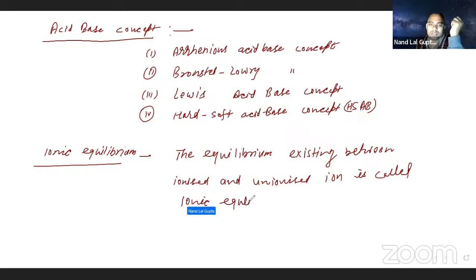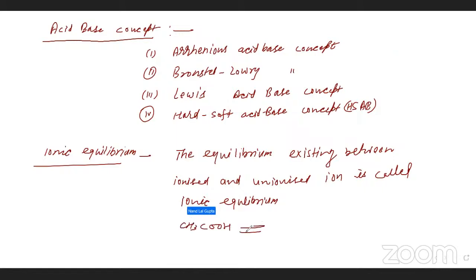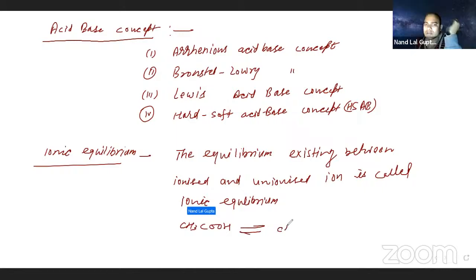One thing you keep in mind: if it is a strong electrolyte, it will go 100% dissociation, so there is no equilibrium. The electrolyte should be very weak, like CH3COOH. So it will ionize reversibly, giving CH3COO minus and H plus.